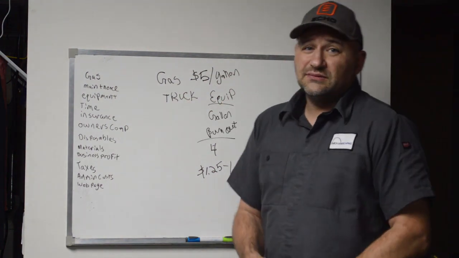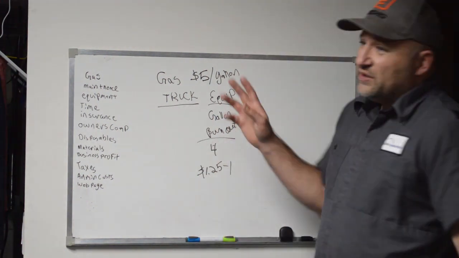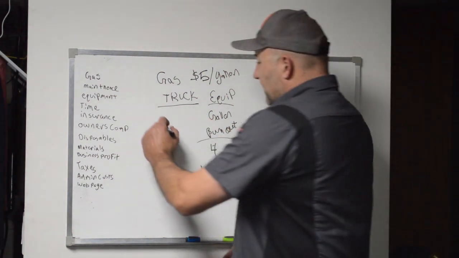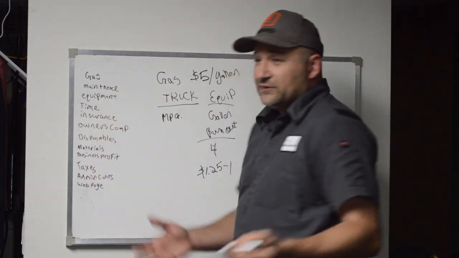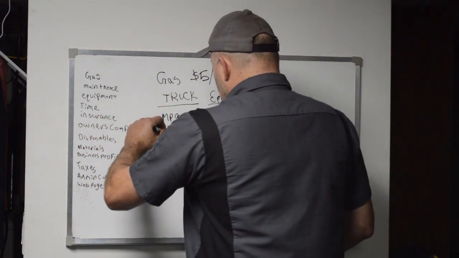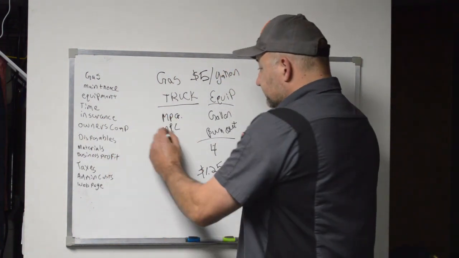Now my truck is a little bit trickier, because what you're actually going to be looking at more is miles per gallon. Again, if you're not in the US, it's probably miles per liter, but I'm in the US, so we're going to use miles per gallon.